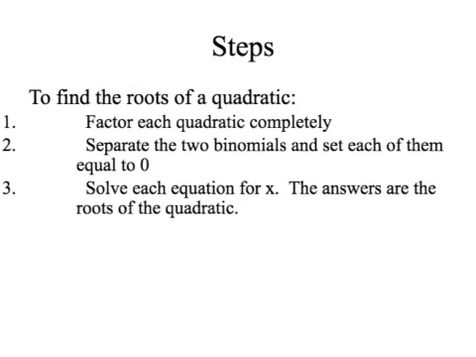To find the roots of a quadratic, or where the graph crosses the x-axis, first you need to factor every quadratic completely, just like we did the past several weeks. 2 terms, difference of squares; 3 terms, first times last, find out your factors, make your binomials; or if you have 4 terms, do it by grouping.